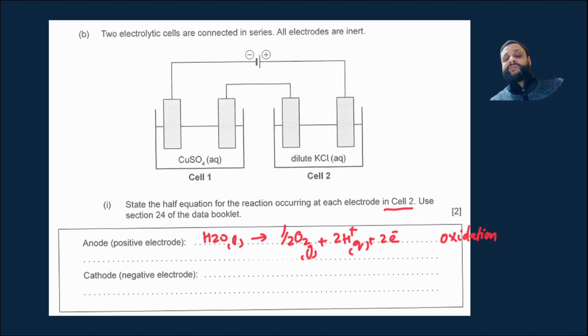So our half equation will be H2O liquid, and water this time is going to get reduced, so it needs to gain electrons: H2O liquid plus e-, and on the product side we will have half H2 molecule as a gas, plus OH- aqueous. Right, so be careful with this question. If it's concentrated, then we will get chlorine, but it's dilute, hence water will get oxidized.